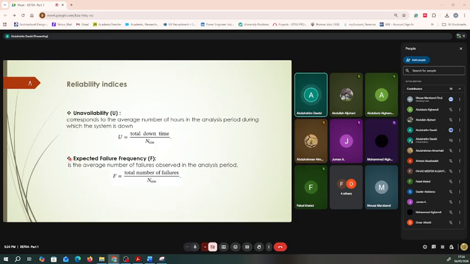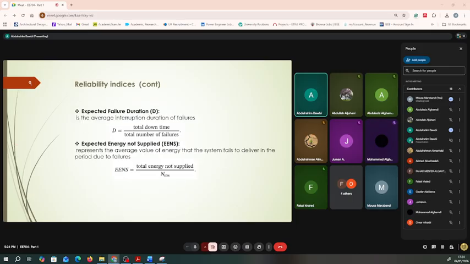The second index, expected failure frequency, is the average number of failures observed in the analysis period, and this is the formula, total number of failures divided by NSIM. The third index is expected failure duration, the average interruption duration of failure, the total downtime divided by total number of failures.